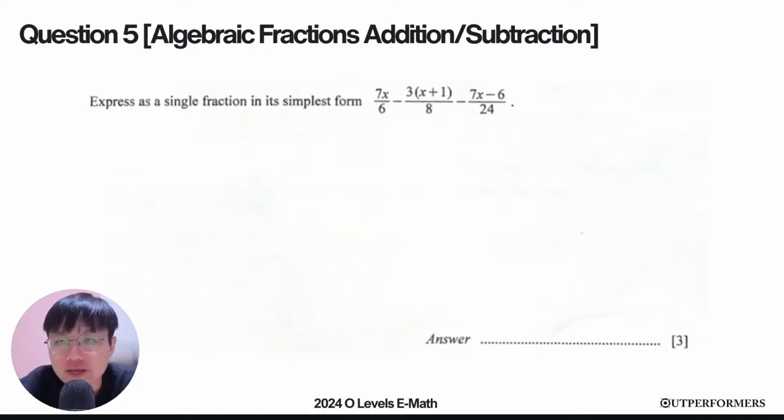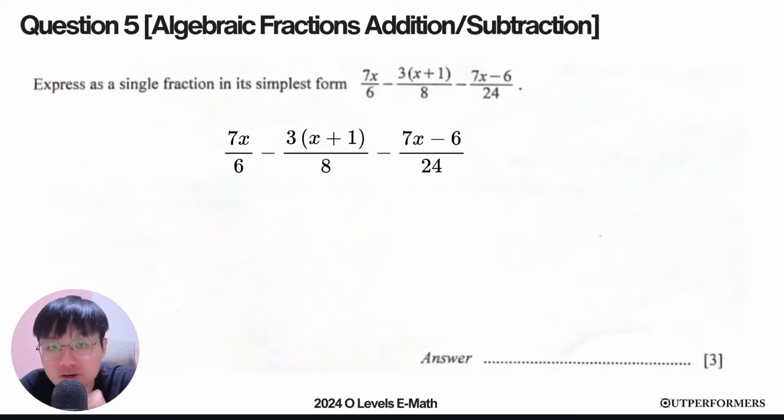Next up, we have question 5 on algebraic fractions, mainly subtraction, right? Express as a single fraction in its simplest form, this entire thing. There are two things I always look out for: the denominators, all right? So these three over here, and number 2, what are the signs in between? Why do we want to do that?